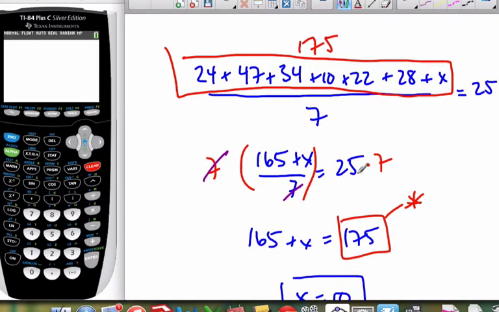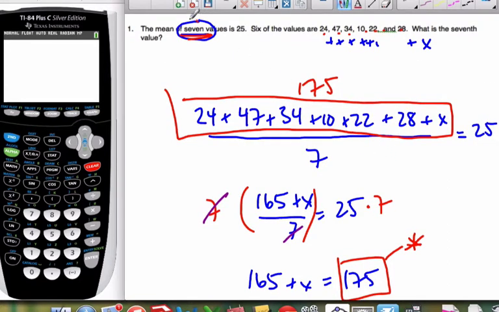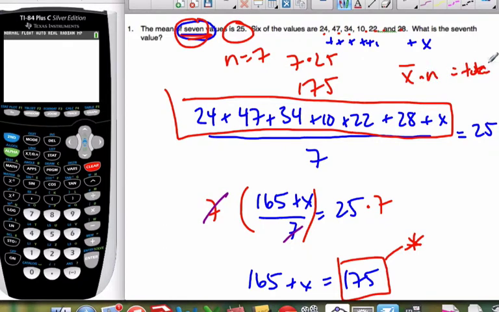That calculation is n, which is 7, times the mean, 25. So the mean times n is equal to the total number of points or scores or whatever it is. It's the total number. And so that's a really helpful calculation when we're dealing with averages or means.